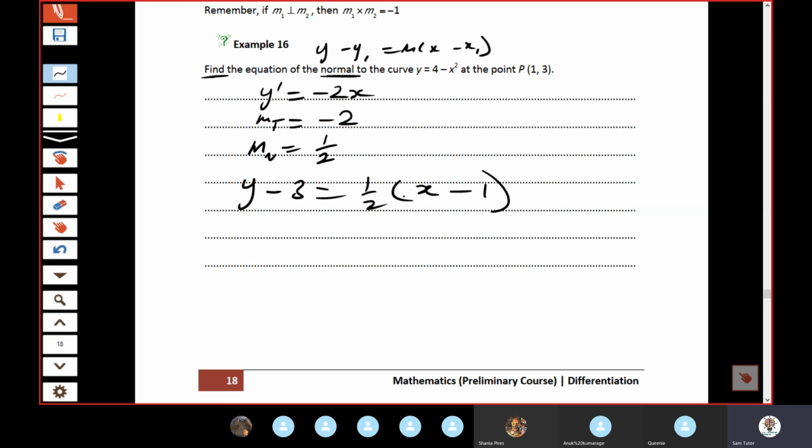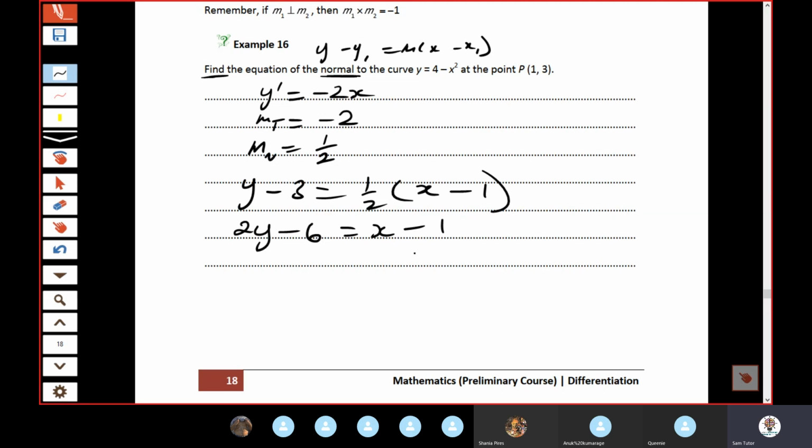Especially being extension students, I don't think you guys should be expanding the half because then you're going to deal with fractions and that just makes it a lot harder. It's probably better to multiply by 2 onto this side. I think that's what you're trying to say, Queenie. So times it by 2 onto this side. So 2y take away 6 equals 1 times x, which is x, 1 times negative 1.